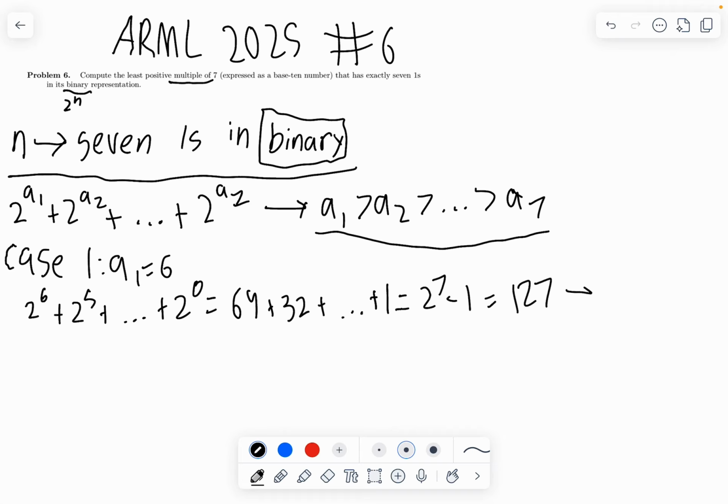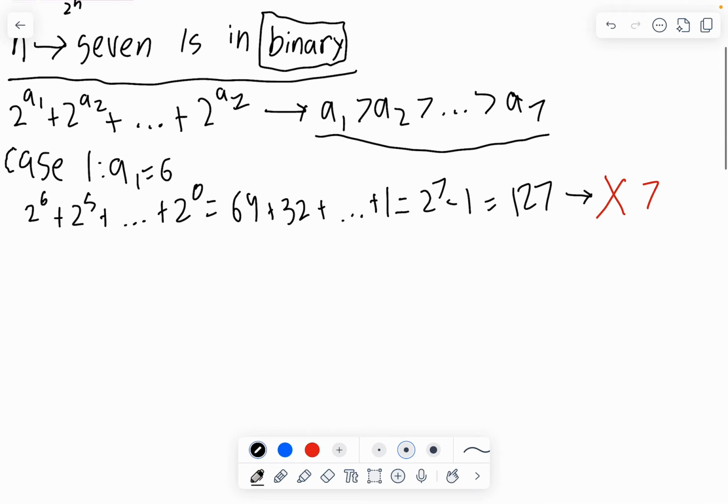And clearly, this does not work, as it's not a multiple of 7.